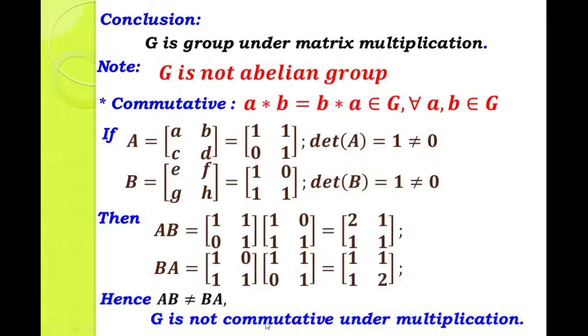Therefore, G is not commutative under multiplication. G does not satisfy the commutative property. Therefore, we can say that G is not an abelian group, which means the given problem does not satisfy an abelian group. It satisfies only a group under matrix multiplication.